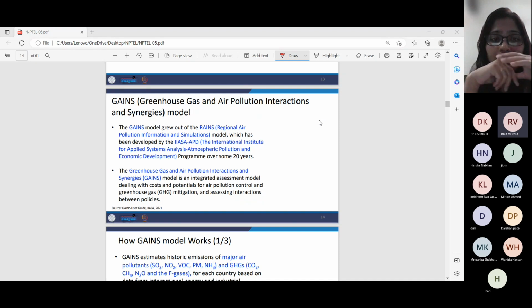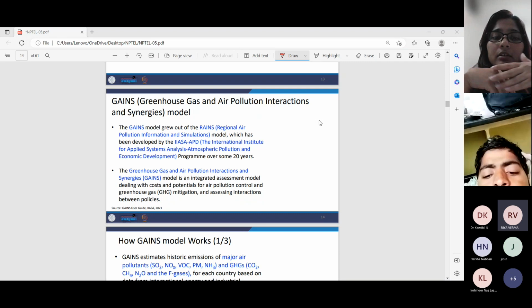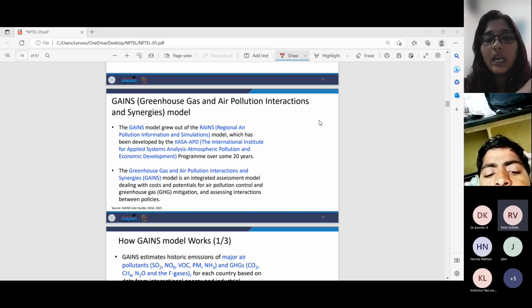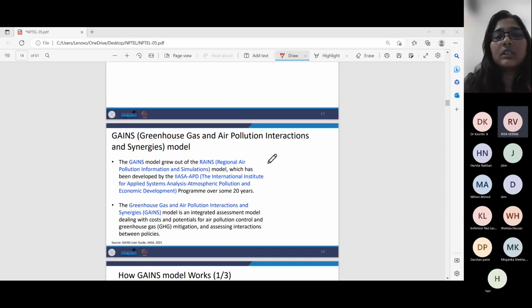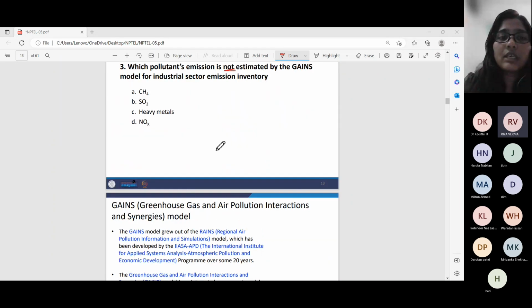This model is an integrated assessment model which deals with the costs and potentials of air pollution control and greenhouse gas mitigation, and assessing the interactions between the policies. So basically, it revolves around the emission of the greenhouse gases. So definitely, heavy metals is not a part of those greenhouse gases. That's why it will not be included in that.